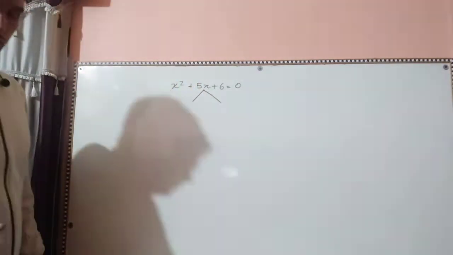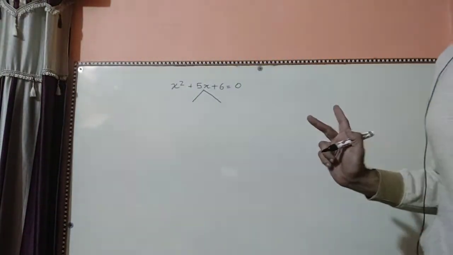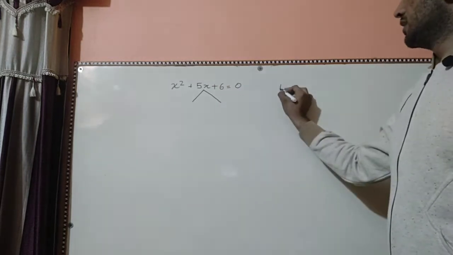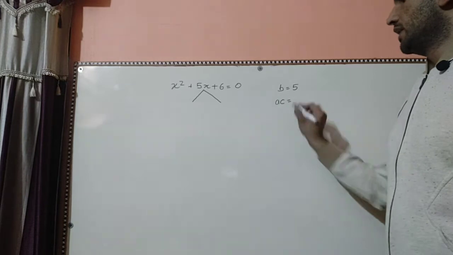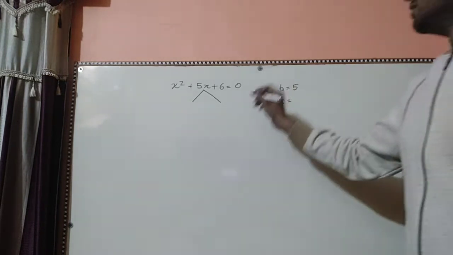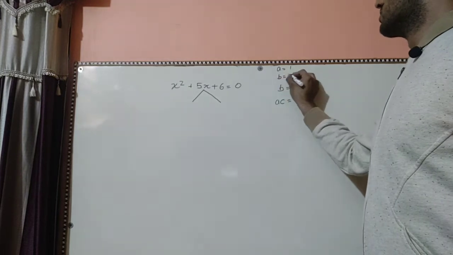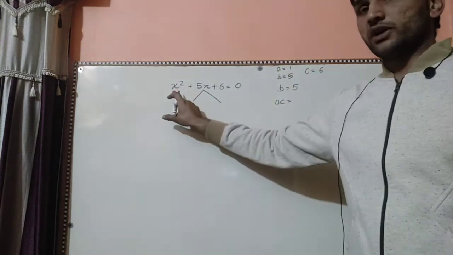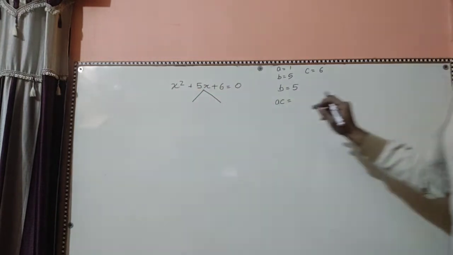We will split the middle term into two such parts such that their sum may be equal to b and their product may be equal to AC. For this case, A is equal to 1, B is equal to 5, C is equal to 6. As A is the coefficient of x square, B is the coefficient of x, and C is the constant part.